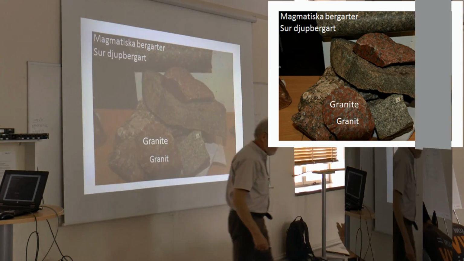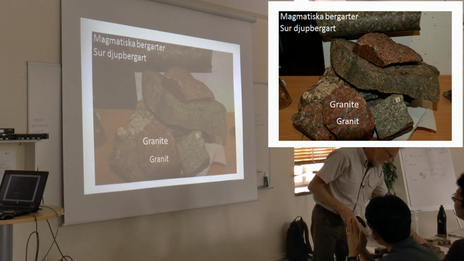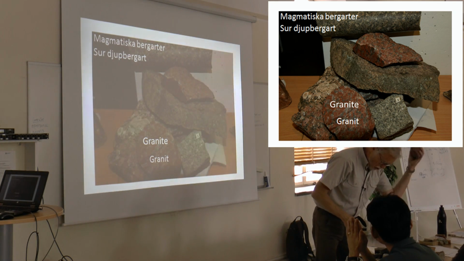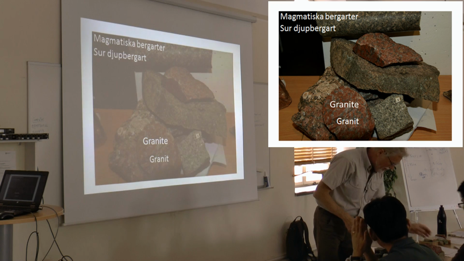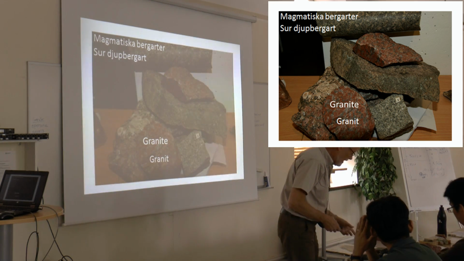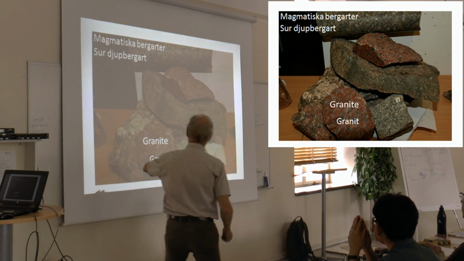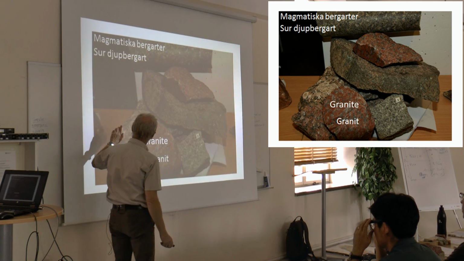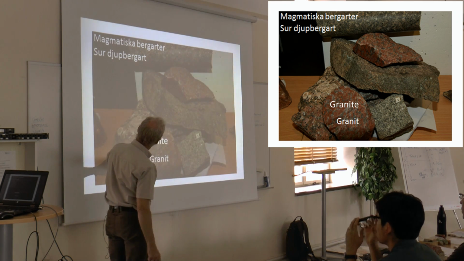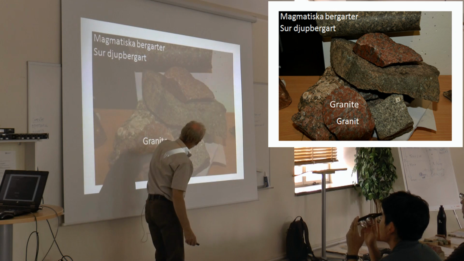Okay, I will show you some pictures of these granites. I've been holding this in my hand for a very, very long time. This is granite, and you see it can be reddish, it can be almost brownish, and it can be gray.